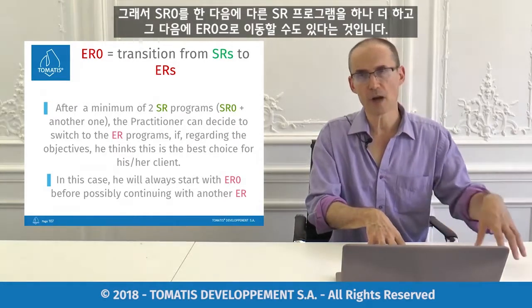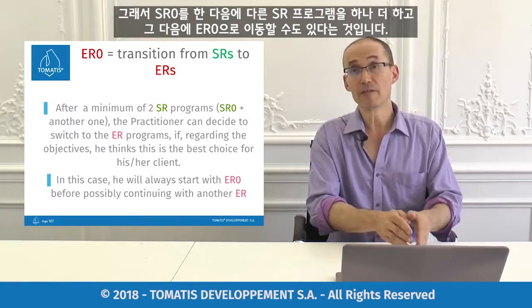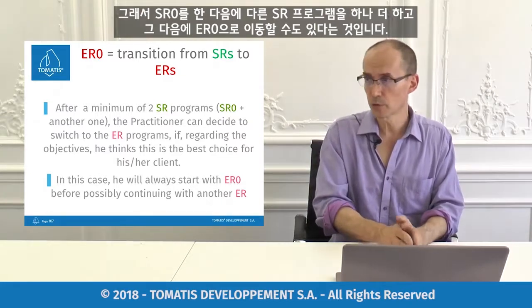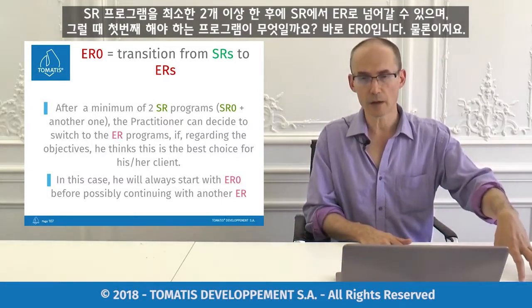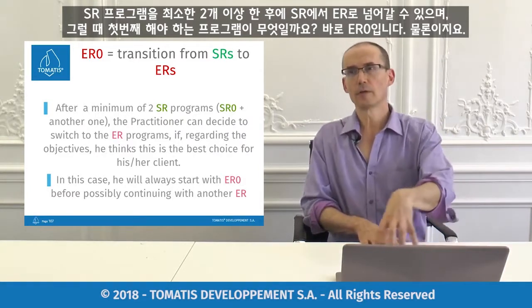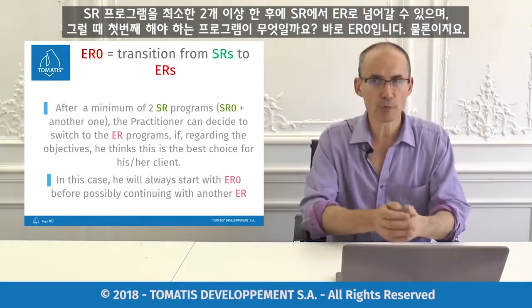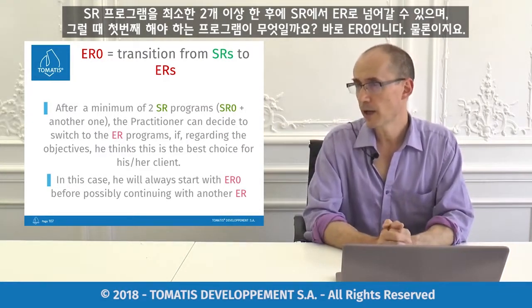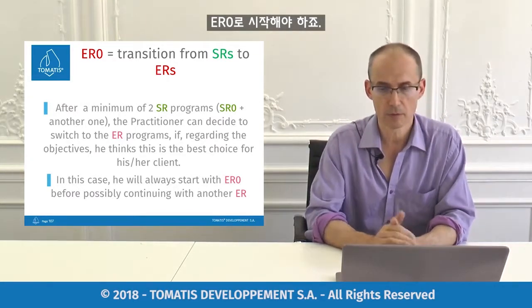So that's why after the SR0, you're going to work with another SR, and then maybe you will be able to switch to ER. So after a minimum of 2 SR programs, you can switch to the ER family. And guess what? Of course, what is the first program you are going to apply? That's the ER0, of course. You're going to start with ER0.